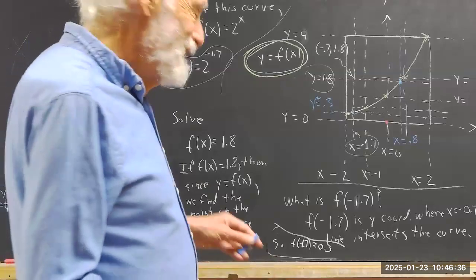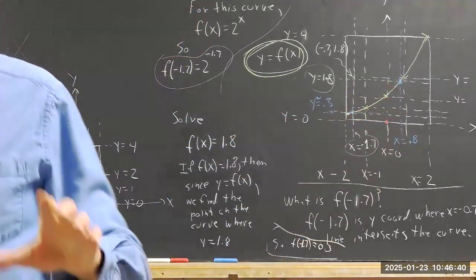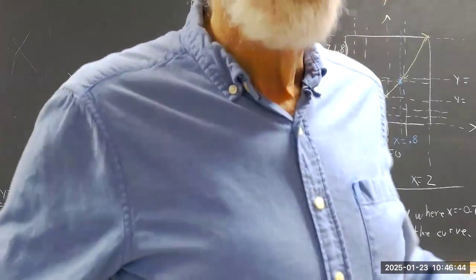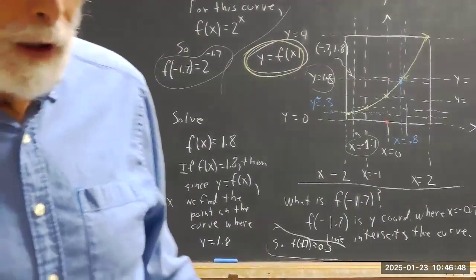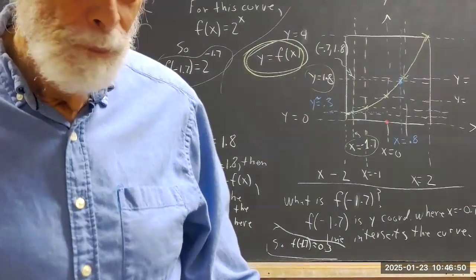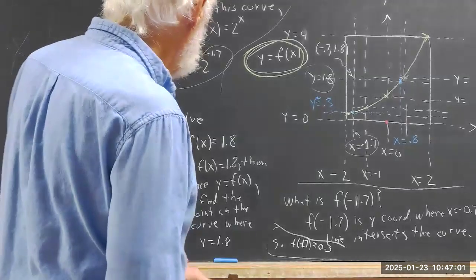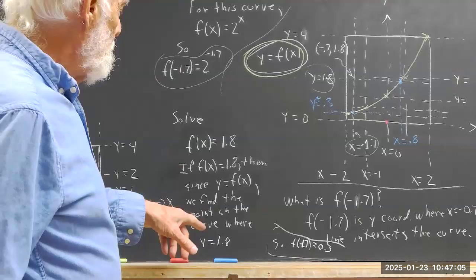Okay. Fair enough. We see this? Because that's central to understanding all the stuff we're going to talk about related to graphs and related to these functions. Okay? So we have f of x equals 1.8.